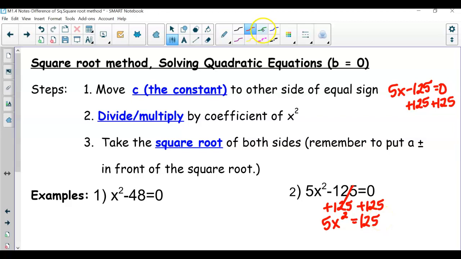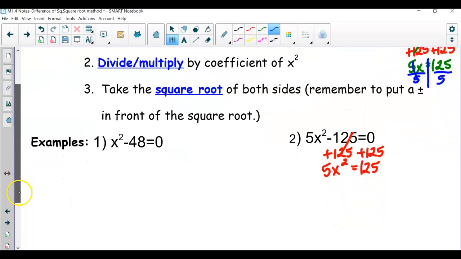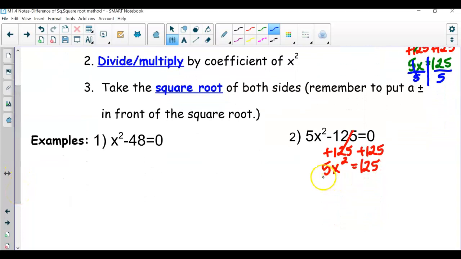Now I'm going to go back up to the top. Let's say you just have 5x is equal to 125. Then what would you do last to solve for x? Divide by 5, because you're multiplying by 5. Same thing here. What are you now going to do to get this x term by itself? Divide by 5. So now I've got x squared is equal to 25.